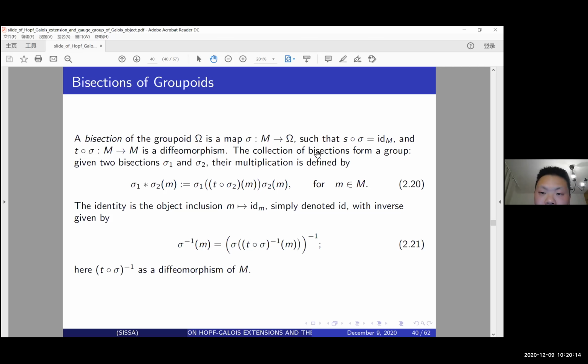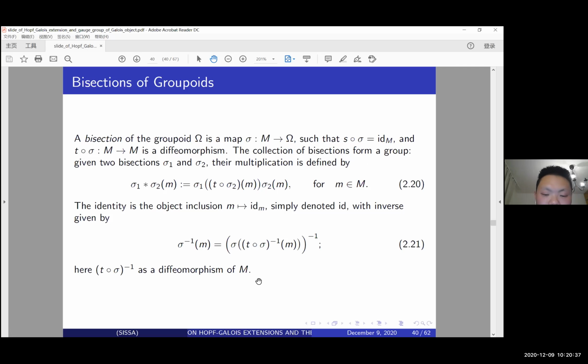The collection of the bisections forms a group with respect to the multiplication given by 2.20, and the identity bisection is just the inclusion from M to U comma U, the equivalence class, and the inverse is given by 2.21. And here we can see this is well defined since we already know the composition of sigma and T is a diffeomorphism on M.